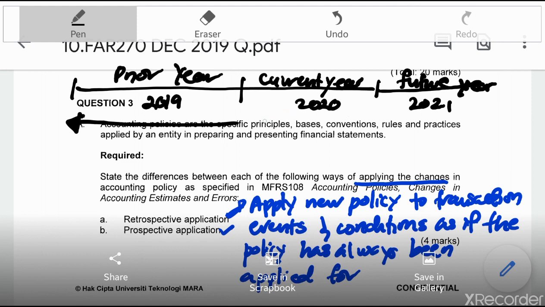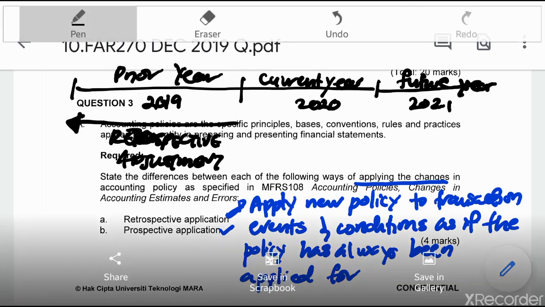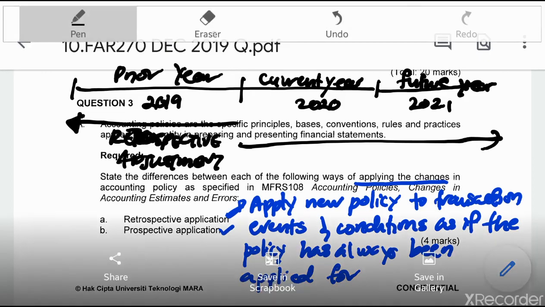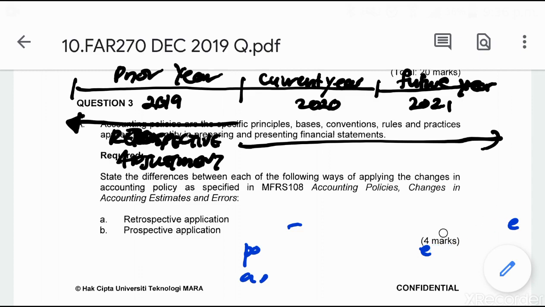When we say prospectively, this one is different from the retrospective adjustment. In retrospective, you adjust where the change starts to take place. If you talk about prospective adjustment, what is prospective adjustment? Prospective adjustment has something to do with applying the new policy.